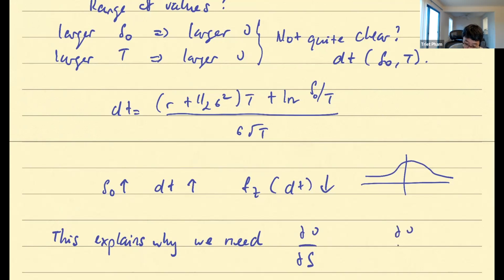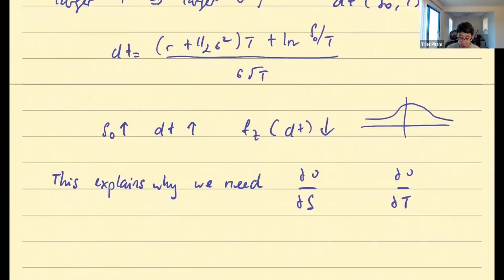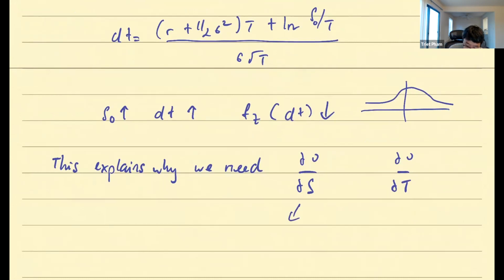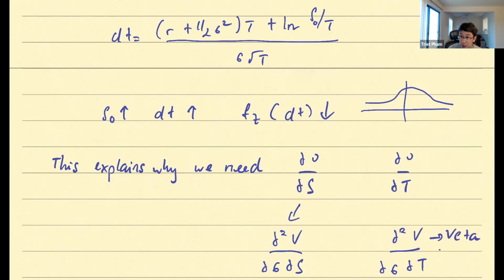And the partial of vega with respect to T. Remember, I was telling you all those strange names. This is the second derivative of the option price with respect to volatility and then with respect to stock. This is the second derivative of the option price, first with volatility, then with respect to time to expiration. Actually, this has a name called Veta.